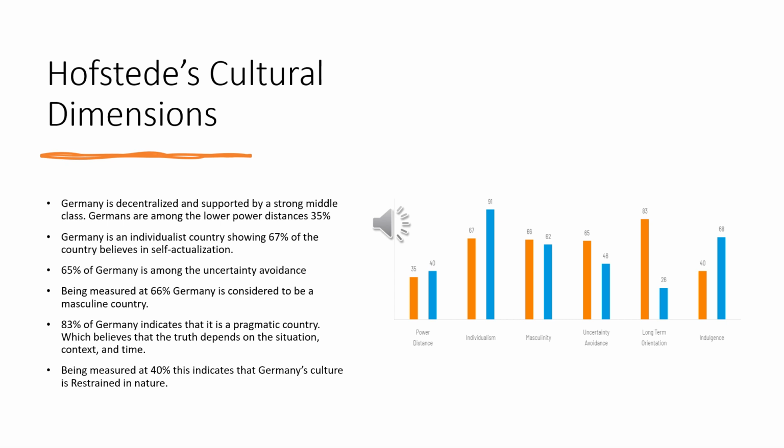In a collectivist society, people belong to in-groups that take care of them in exchange for loyalty. Germany is an individualist country, showing 67%, and the country believes in self-actualization.